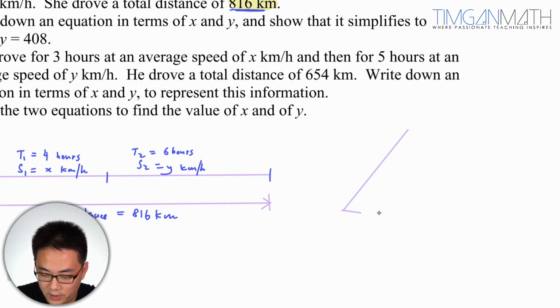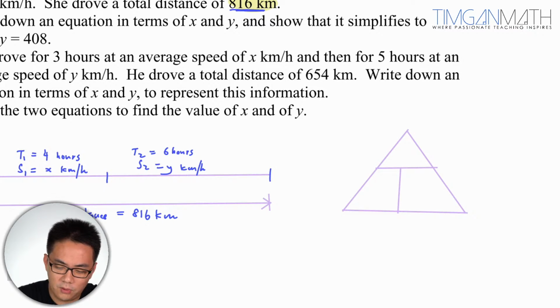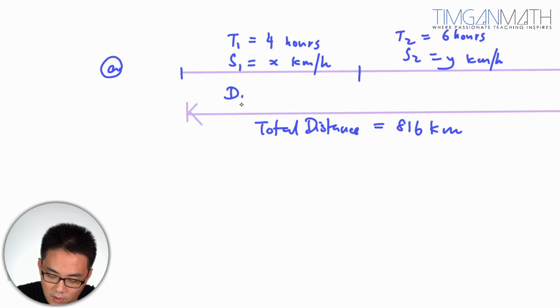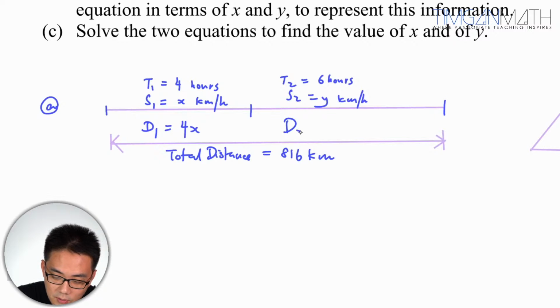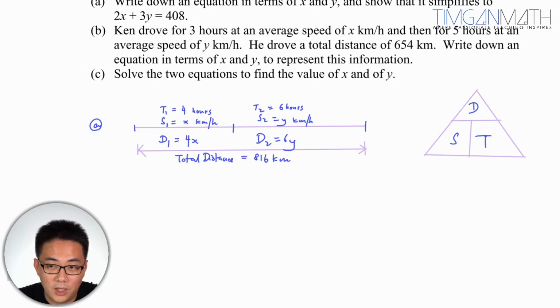We have a triangle here, which most Singapore schools teach students. If you're not sure what this triangle is, just let me know. This is speed, distance over time. Since distance is speed times time, d1 is 4 times x, and d2 would be 6 times y. So draw the diagram. The diagram tells you what's going on.